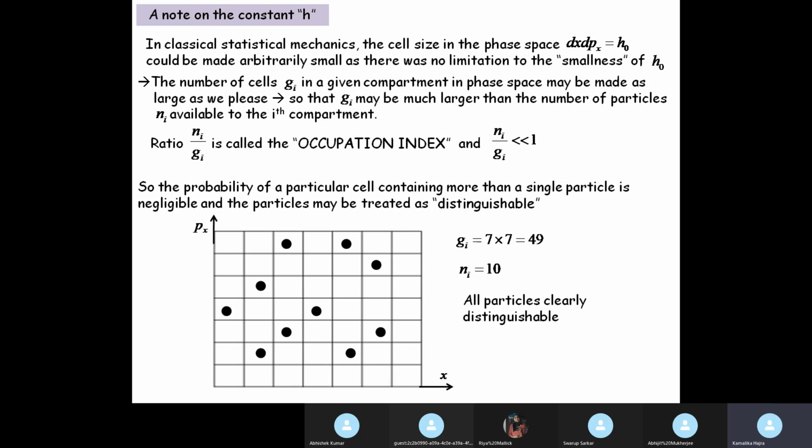Comfortably, all the 10 particles occupy the available spaces, and even after occupying, there are plenty of empty spaces available. All the particles are clearly distinguishable. So in this case, classical statistical mechanics can be easily and safely applied. This is what leads to the distinguishability of particles. Okay.